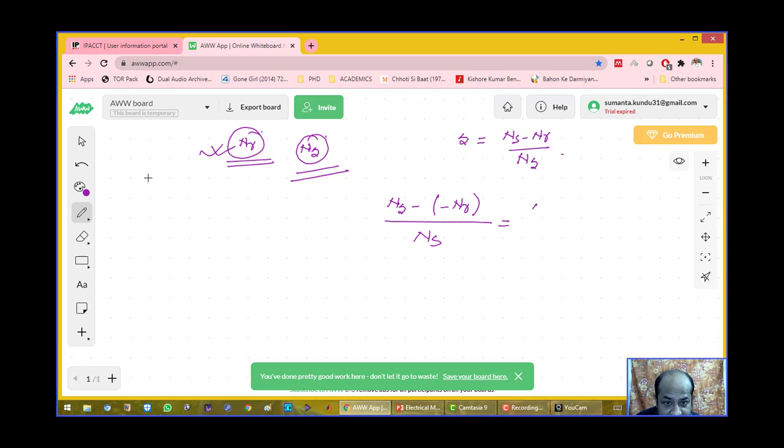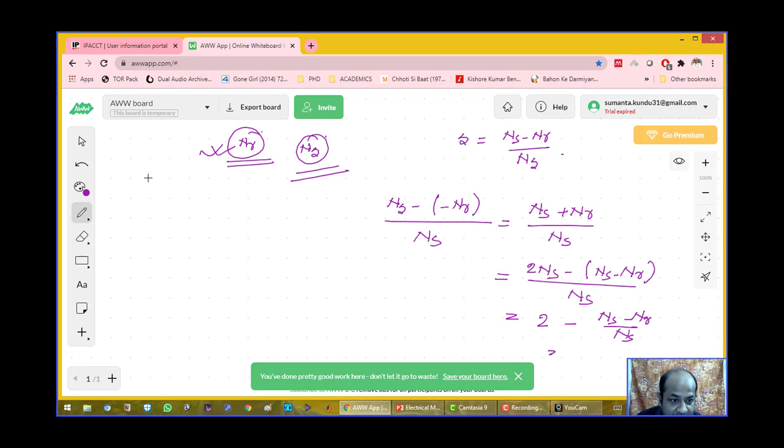That means ns plus nr by ns, that is 2ns minus ns minus nr by ns, that is 2 minus s. So where the slip of the forward field is s, the backward field rotates at a slip of 2 minus s.